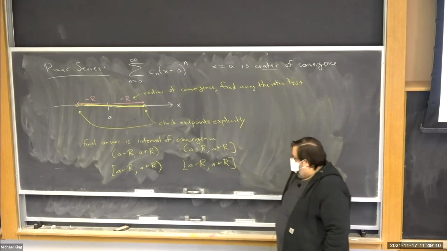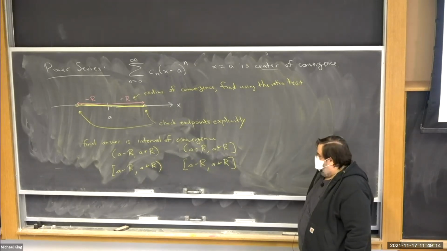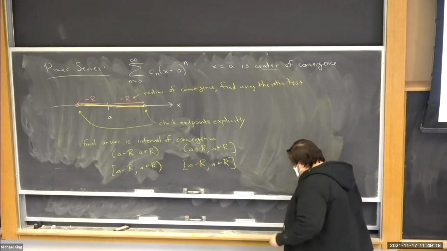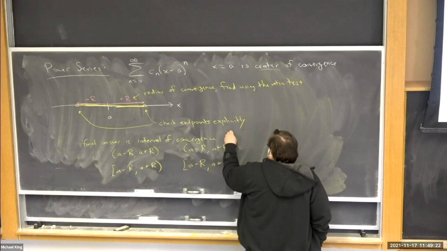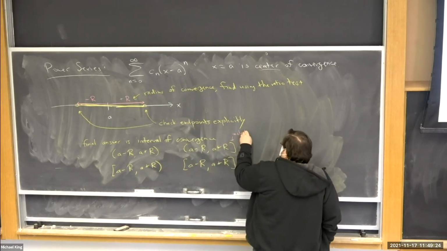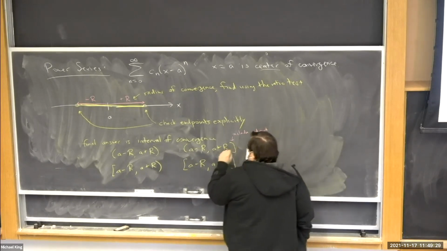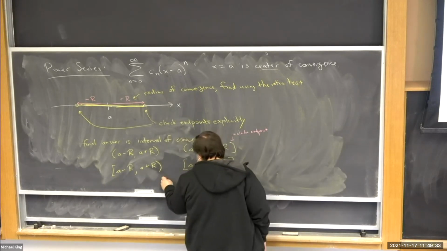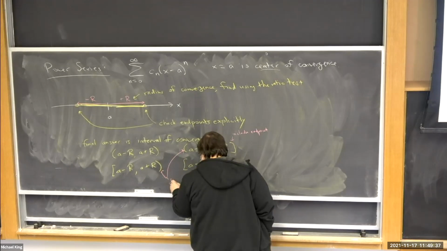Those are the four options, including neither endpoint included. Remember, the square bracket means include the endpoint, and the parentheses means don't include. Okay.